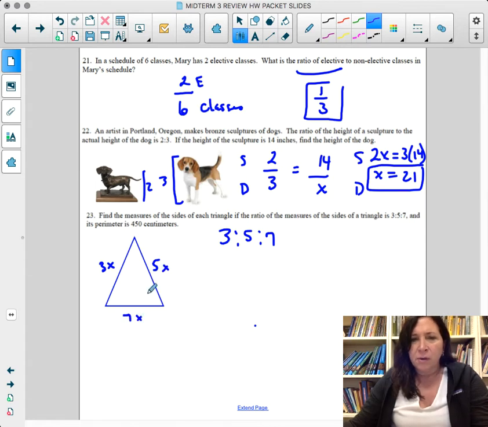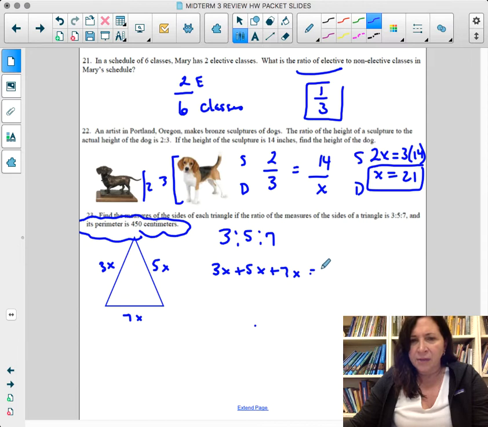So really what we're doing here is we're trying to find the lengths of the sides. So I need some more information. See right here, this is the perimeter. If the perimeter is 450, then the ratio has to add up to be 450. So you have 3 of something plus 5 of something plus 7 of something is equal to 450. And so that's 15 x's is equal to 450. I'm going to divide by 15.